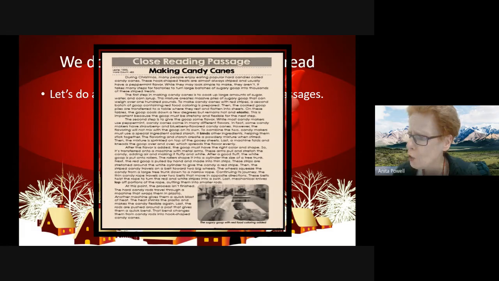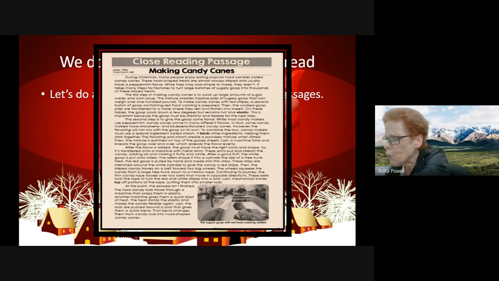To combine the two, candy makers must use a special ingredient called starch. It binds other ingredients, helping them to stick together. The flavoring and starch create a powdery mixture when stirred. Then the mixture is sprinkled on top of the gooey sheets. Last, a machine folds and kneads the goop over and over, which spreads the flavor evenly.